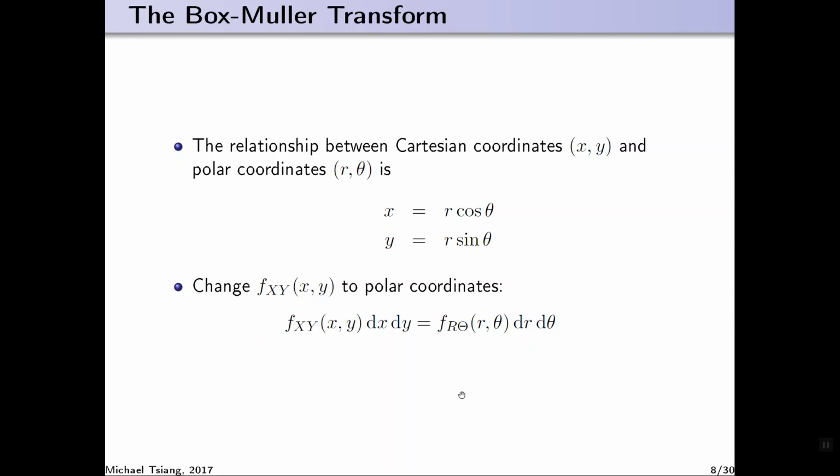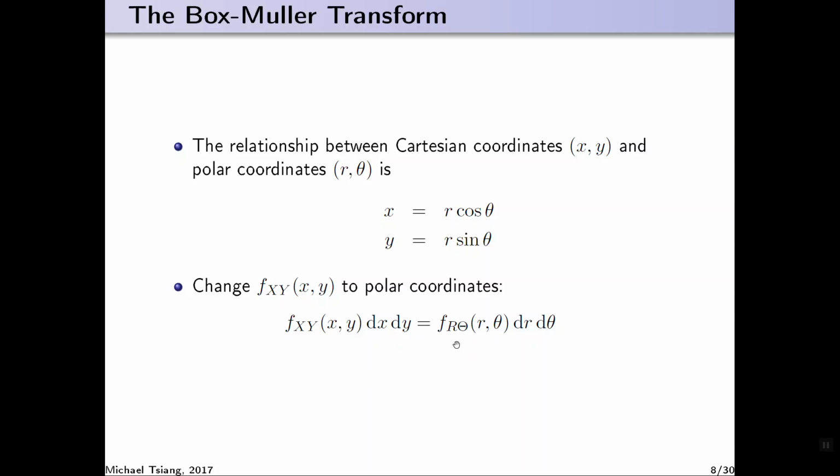R goes from 0 to positive infinity, and theta goes from 0 to 2 pi. Okay, so for the change of variables, we would change the area that's encompassed, and the ranges or domains of r and theta are slightly different, but this is what we have.